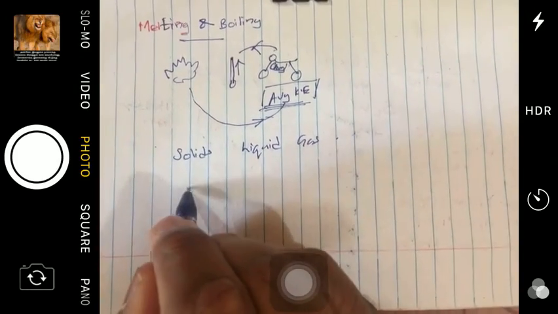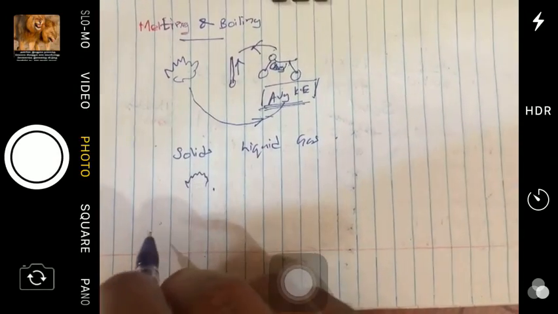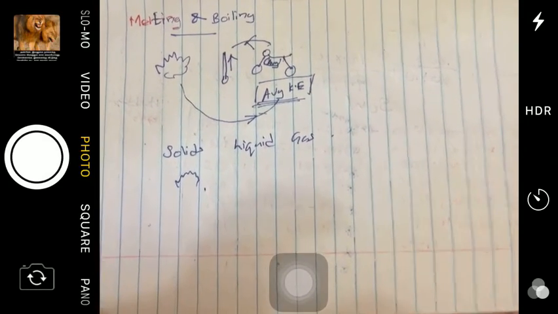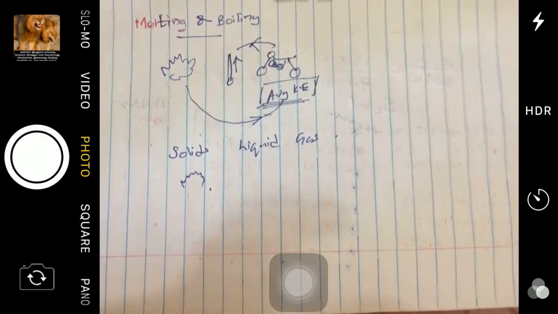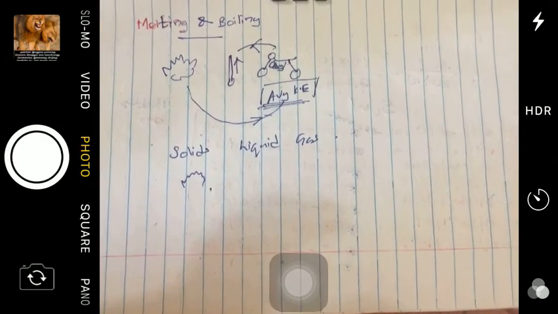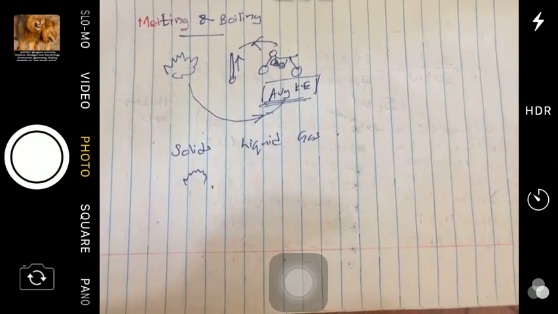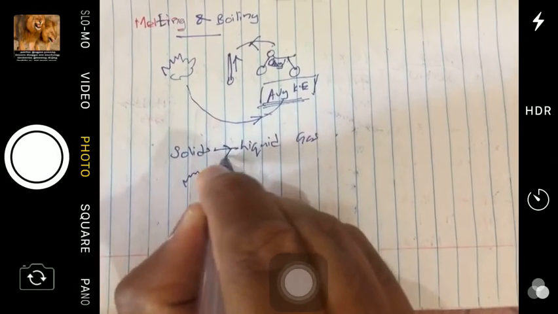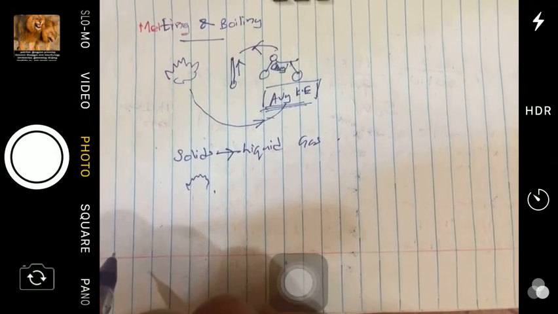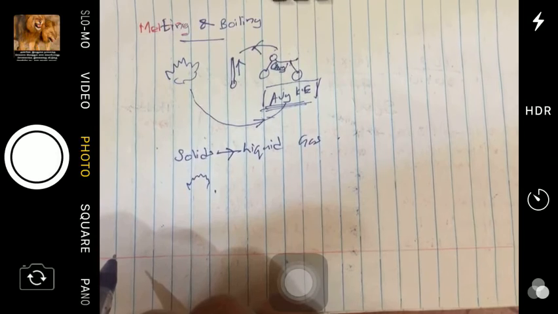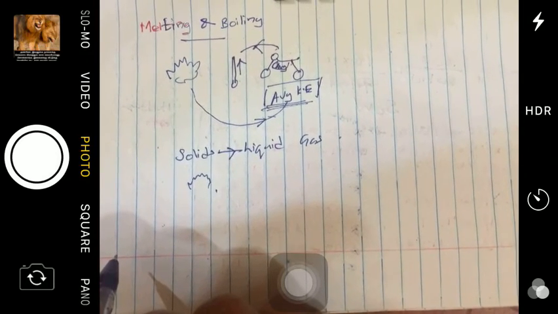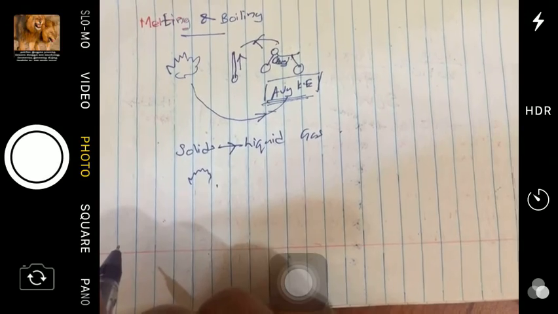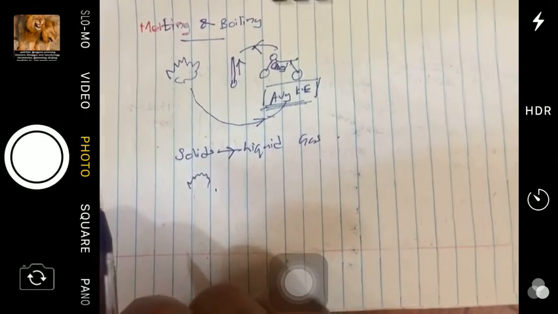You give heat to a solid, it becomes a hotter solid, a high temperature solid, but still that is solid. But there comes a point where the solid becomes liquid.